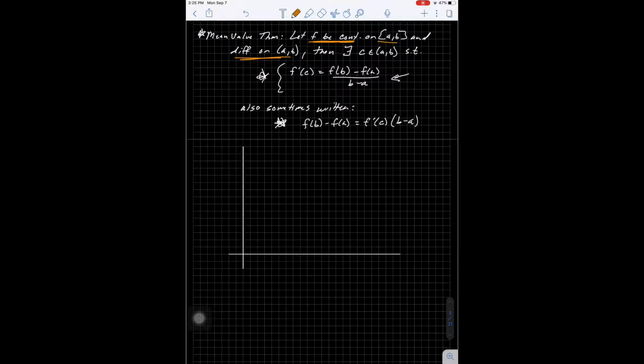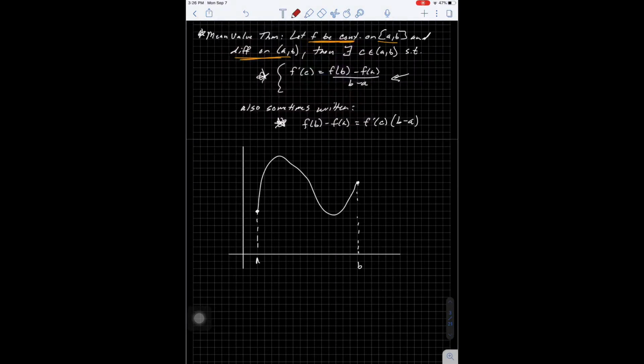Okay, so let's look at what that might look like. Here's your a value, and let's say your b is over here, and they are different. See, they map over to different y values. So here's my function. Okay, something like this going on.